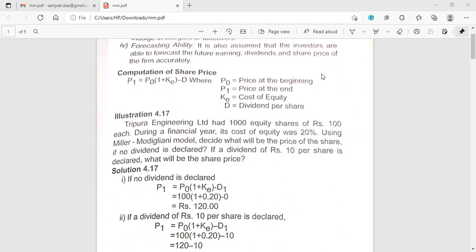So what happens usually whenever a firm declares a dividend, the potential investors will demand such company shares.